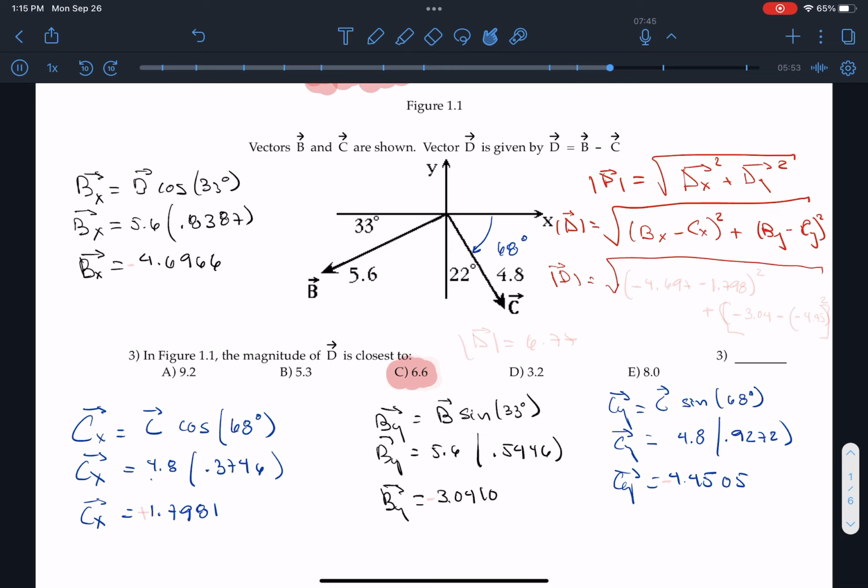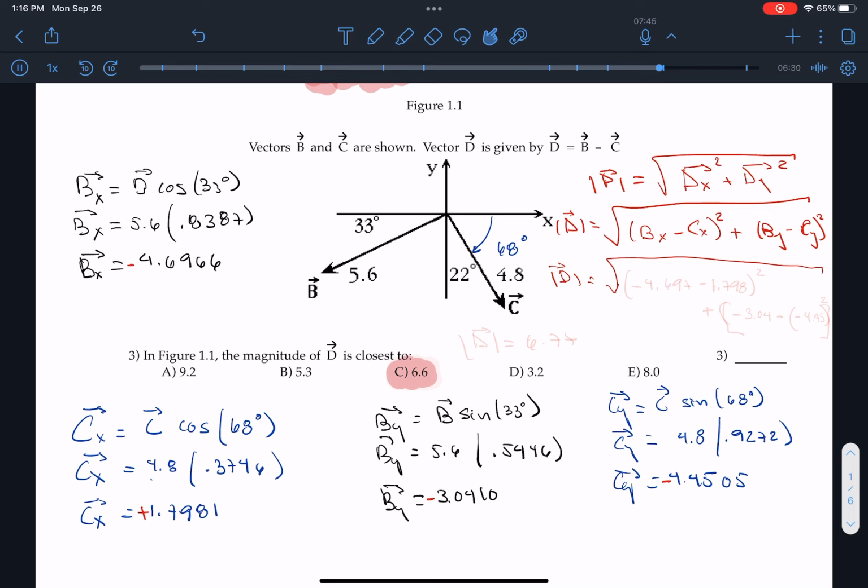Before plugging in the values, it is important that we identify the different signs for the x and y components of both vectors. For vector b, the x component is going to be negative, and its y component is also going to be negative. Vector c, its x component is going to be negative as well. I'm so sorry, it's going to be positive, and its y component is going to be negative.